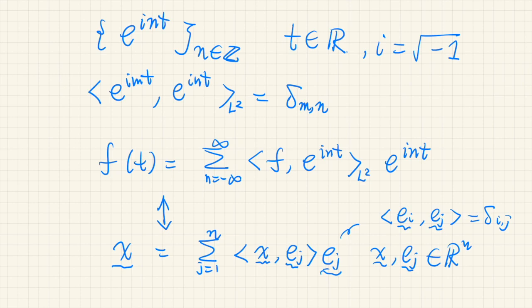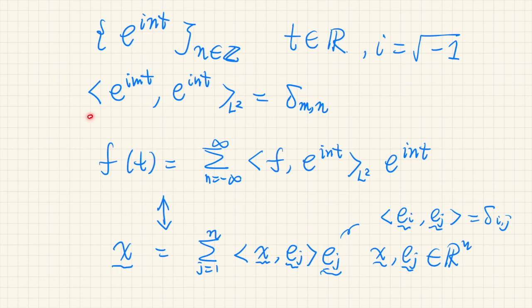We can compare this with the case for the real vectors, where any vector x can be expanded as a linear combination of orthonormal basis vectors, where the coefficients are the inner product between the vector itself and the basis vector. So by comparing this, and this, we can say that the space or set of functions that are Fourier series expandable can be considered as a vector space with infinite dimensions.